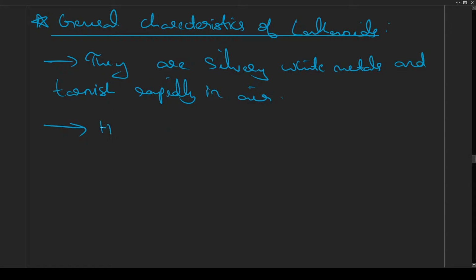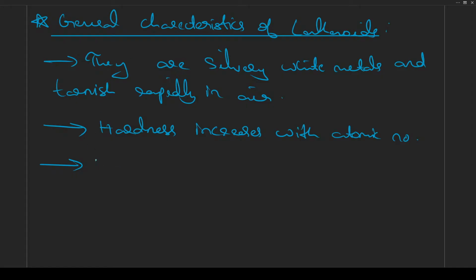Hardness increases with increasing atomic number, meaning from lanthanum to lutetium, hardness will keep on increasing. They are good conductors, good electric and thermal conductors.